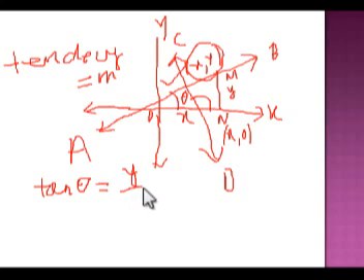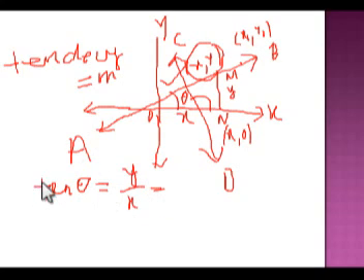One thing is clear: this ratio y by x is constant for every point. So if one point x1 y1 is given, we don't know every point, but one point is given, you can easily calculate the tan theta value.